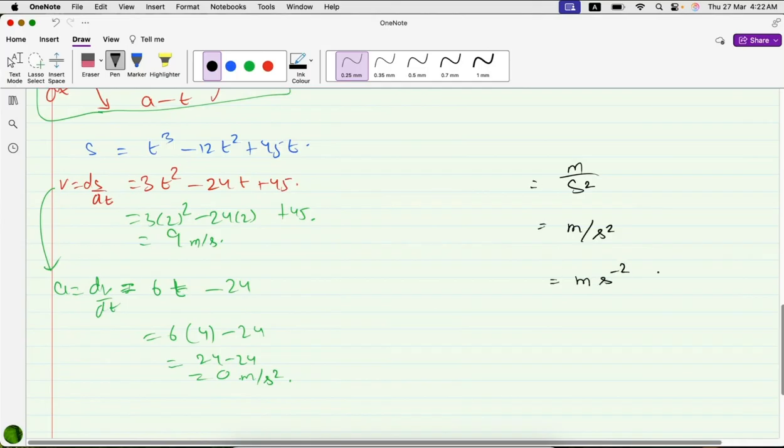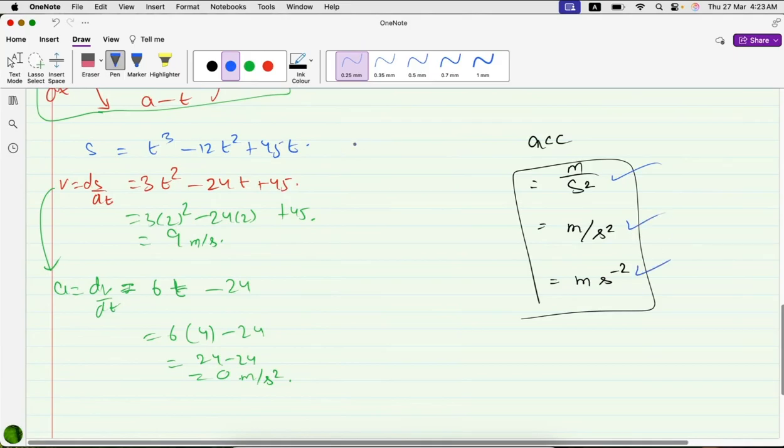All three are the same. For displacement, that is meters. Velocity is meters per second. And acceleration is meters per second squared.